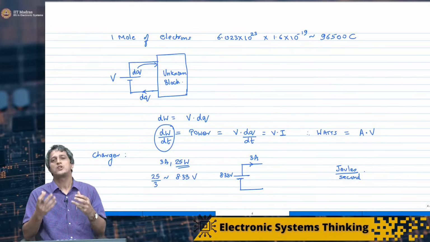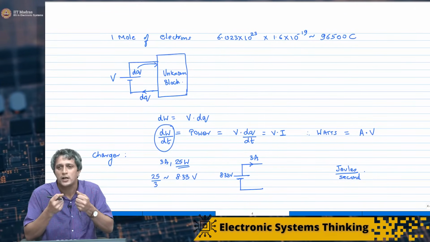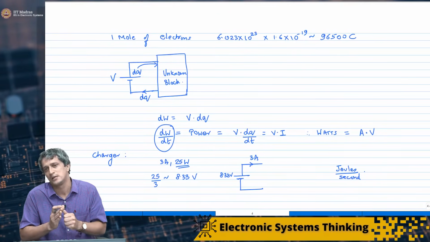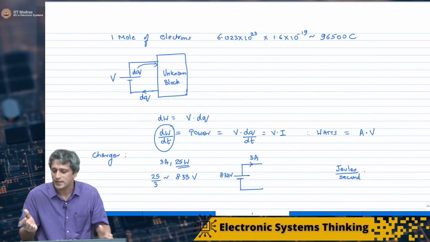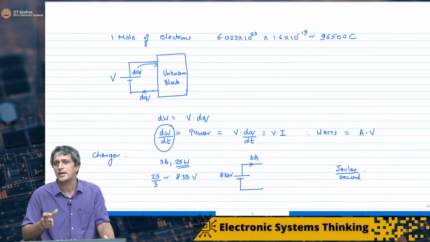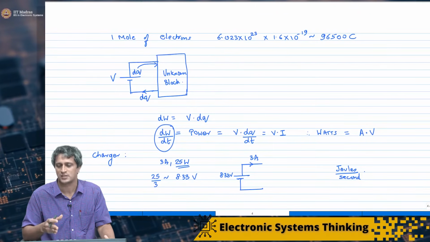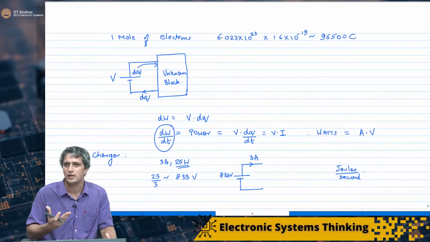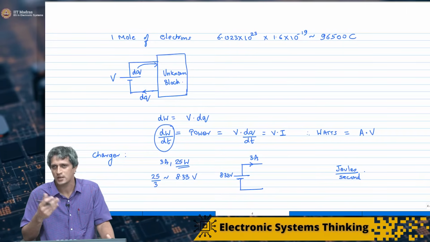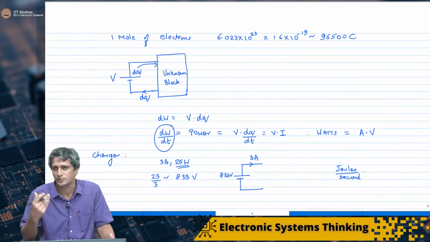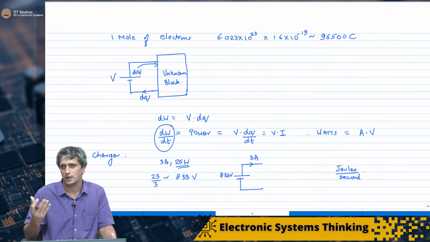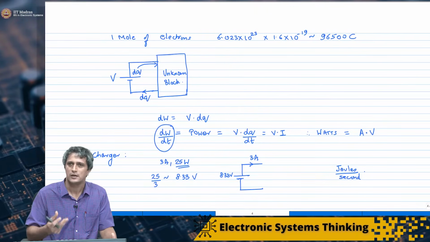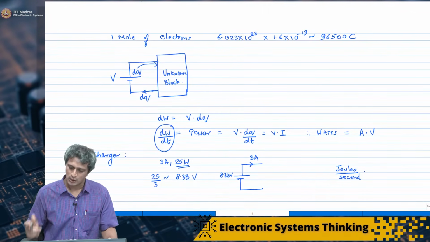How many joules of energy can you provide to that battery per second, right? And that's why it is characterized primarily in terms of watts and sometimes in terms of the current. If you fix the voltage, then equivalently you can specify this number as a current, right?